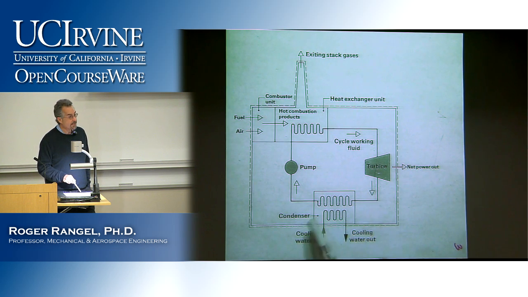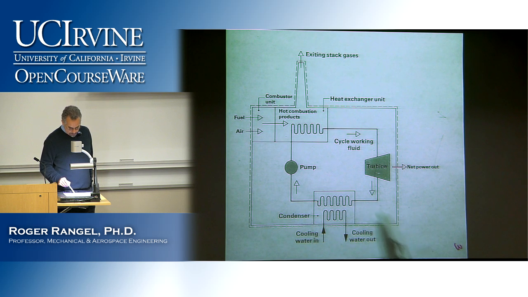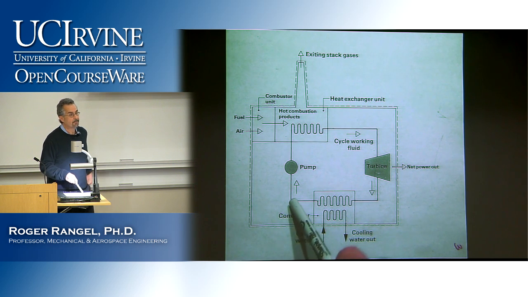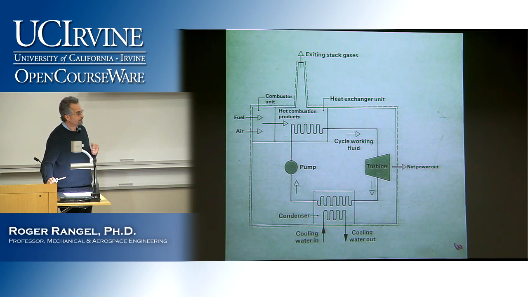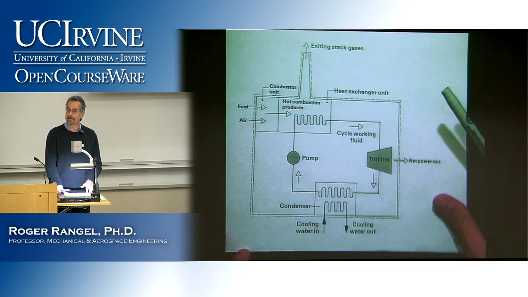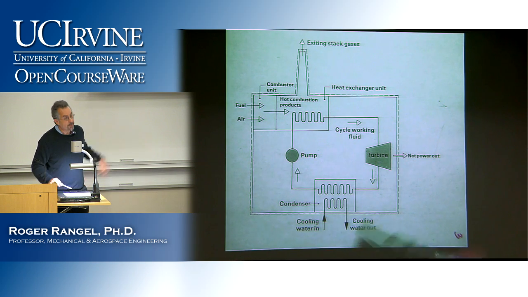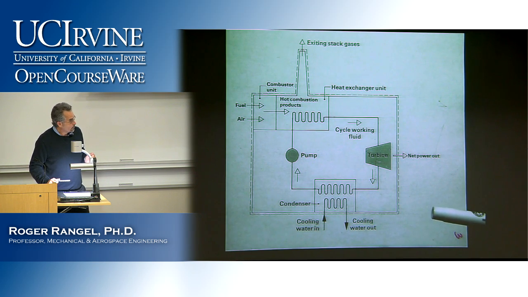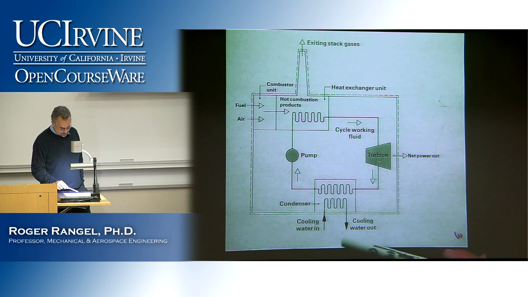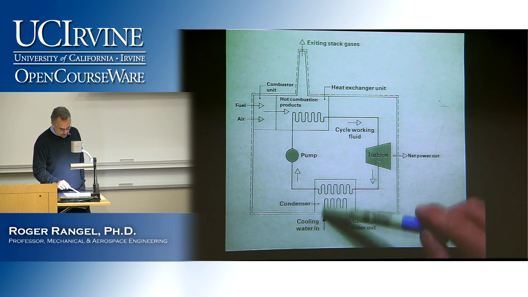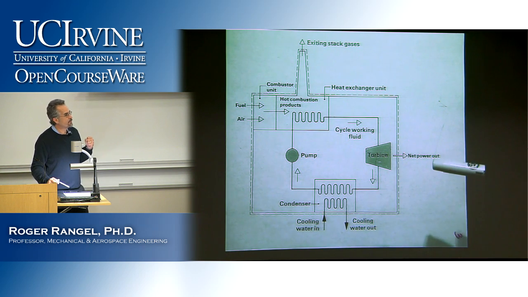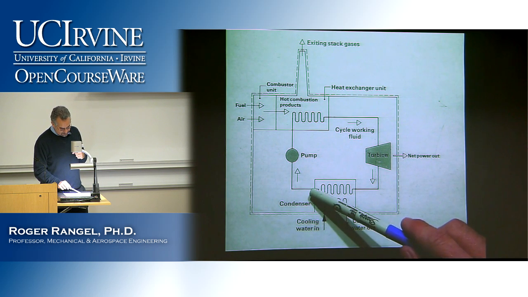So what we are missing to close the cycle is a condenser, where we can bring that steam that came out of the turbine back into liquid state by taking more energy out of it. How do we take more energy out of it? We have another water system, which is the cooling water, that is coming in, removing energy from the steam so that it condenses.